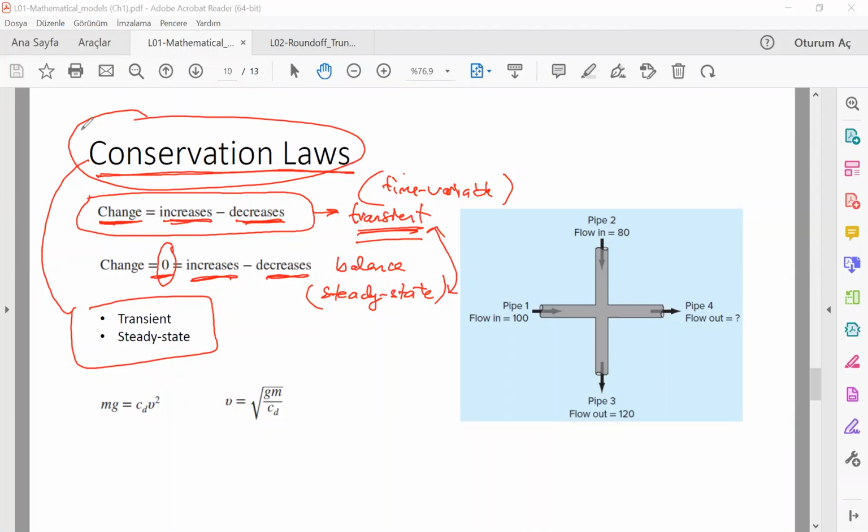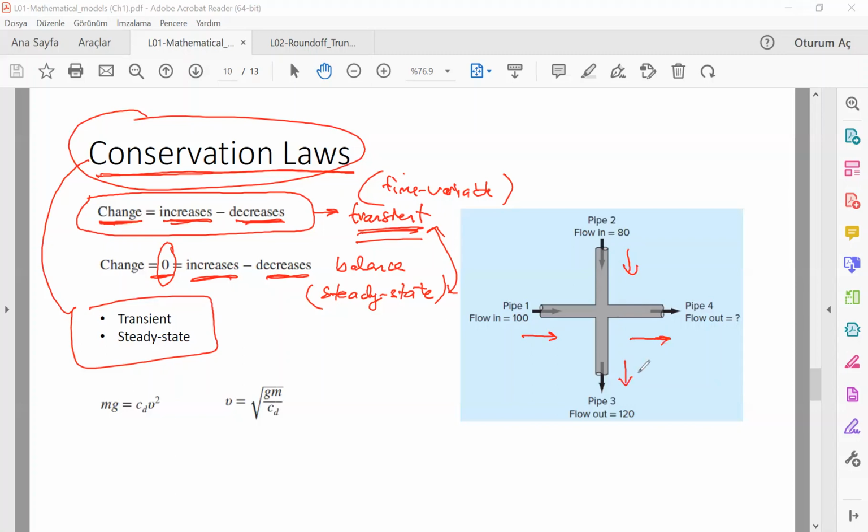On the right-hand side, you can see a pipeline, which is actually a junction of pipelines. There are two inputs and two outputs.